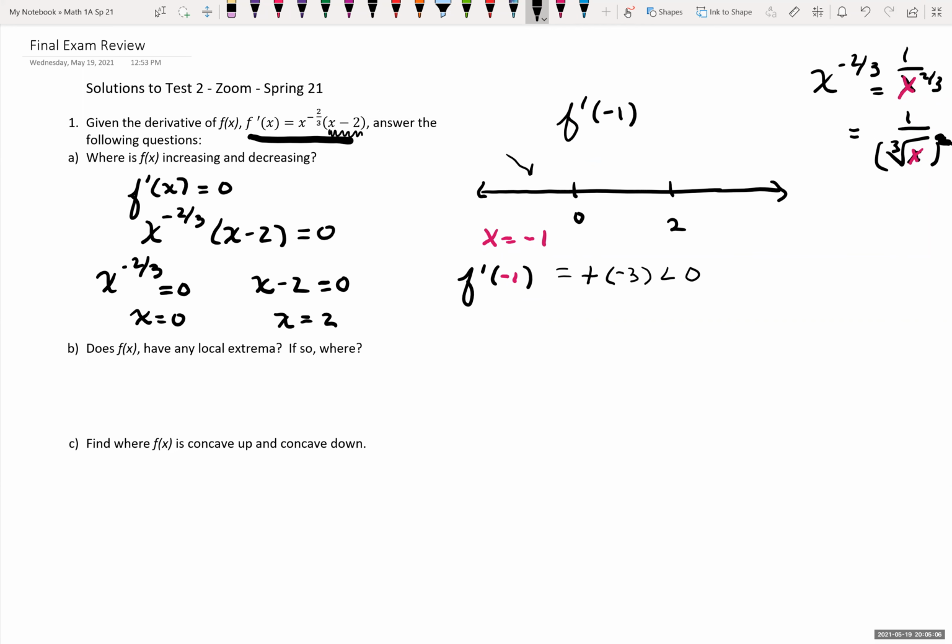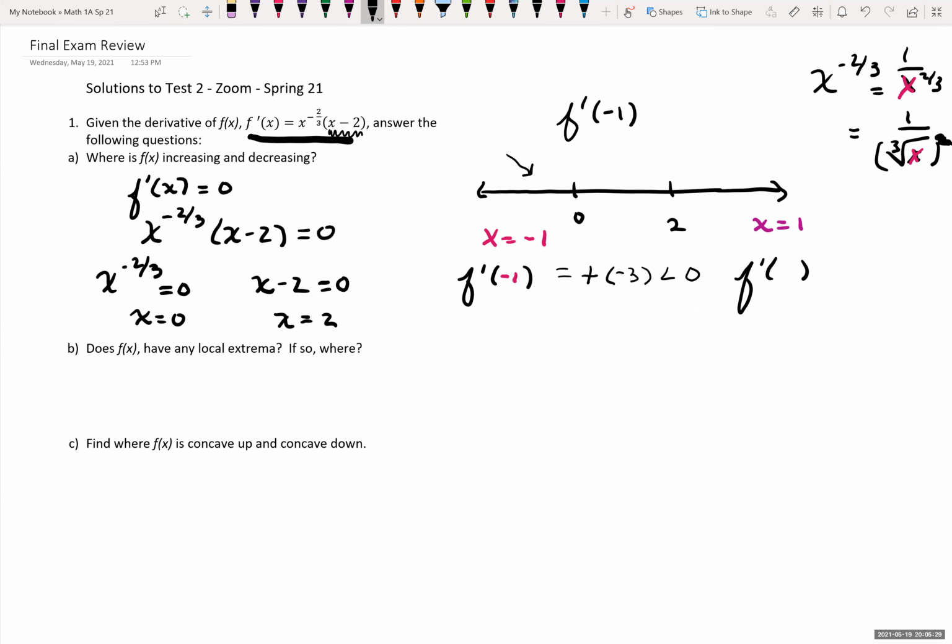It's decreasing. Choose a number between 0 and 2. If we plug in x equals 1, the first piece is going to be positive, and the second piece, 1 minus 2, is negative.